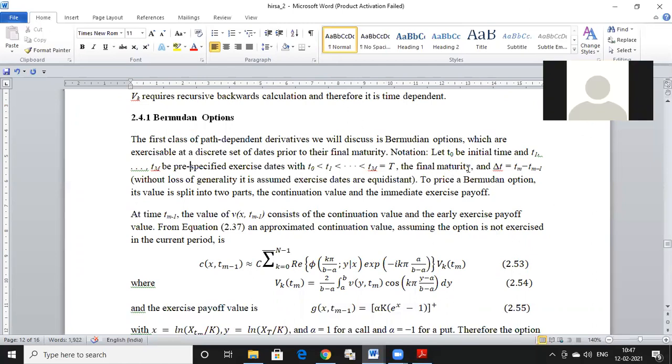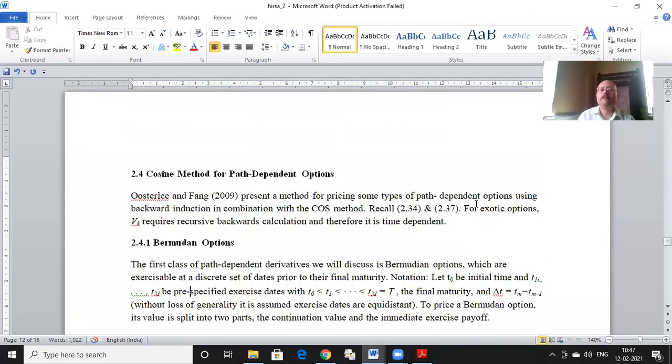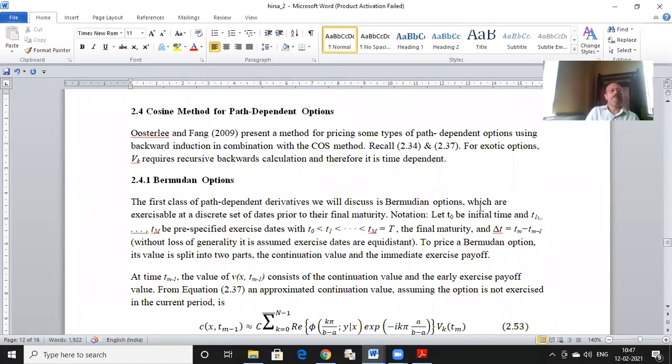So the agenda of the topic was whether we can also use the same cosine method for path dependent option. And of course, when I say path dependent, it has to be discretely monitored, because if it's a continuous time problem, then you cannot use it. You cannot use the cosine method to do anything with that.